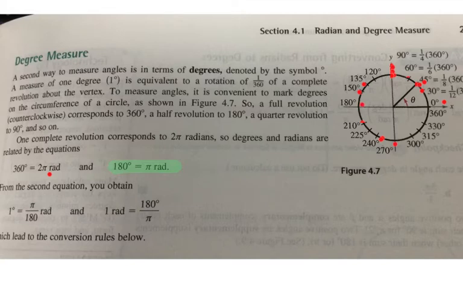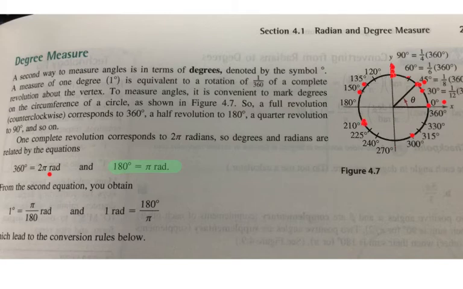Another way to think about that, this would be pi over 3, 2 pi over 3, 3 pi over 3, 4 pi over 3, 5 pi over 3, 6 pi over 3, or 2 pi. So every one of these tick marks is increasing by 1/6. Maybe I did that backwards. Let me do it again. If this is pi, then this would be another 1/6 of the way.